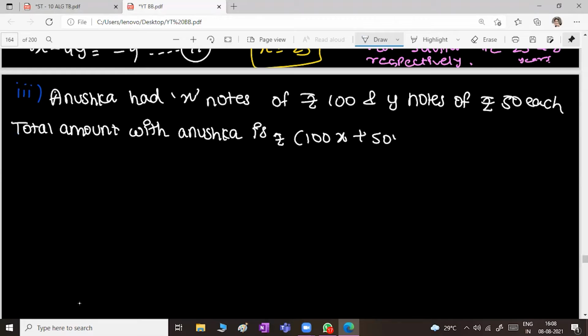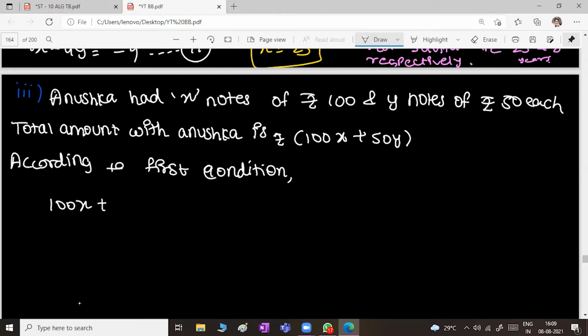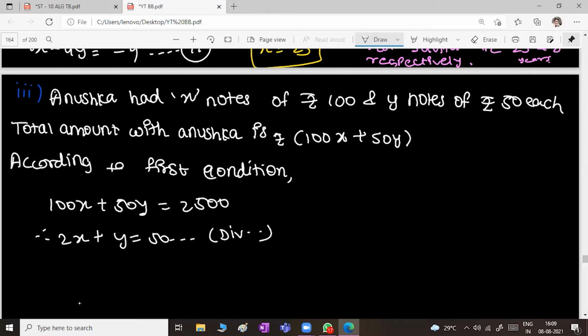Now according to the first condition, I will get 100x plus 50y is equal to 2500. The first condition is usually the sum of the two variables. Dividing by 50, we get 2x plus y is equal to 50. The reason is that we divided by 50. I'm not writing each and everything. This will be our equation number 1.